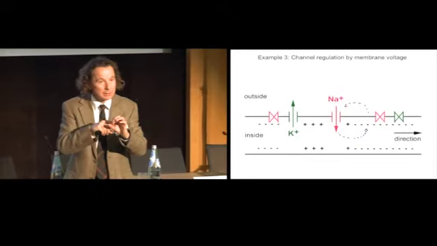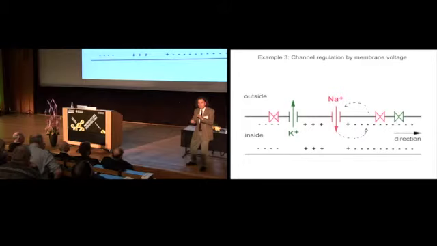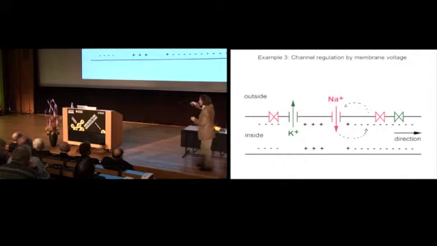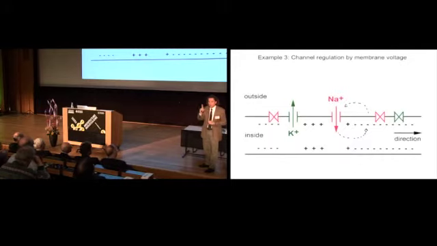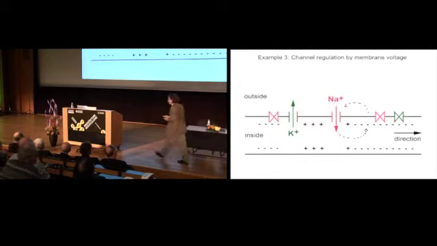The channel sets the membrane potential, but the membrane potential sets whether the channel is open, feeds back on itself. Sodium and potassium channels with this property are called voltage dependent. And they're very similar. The difference is sodium channels conduct sodium, potassium channels conduct potassium, but they have the same architectural part that lets this happen.